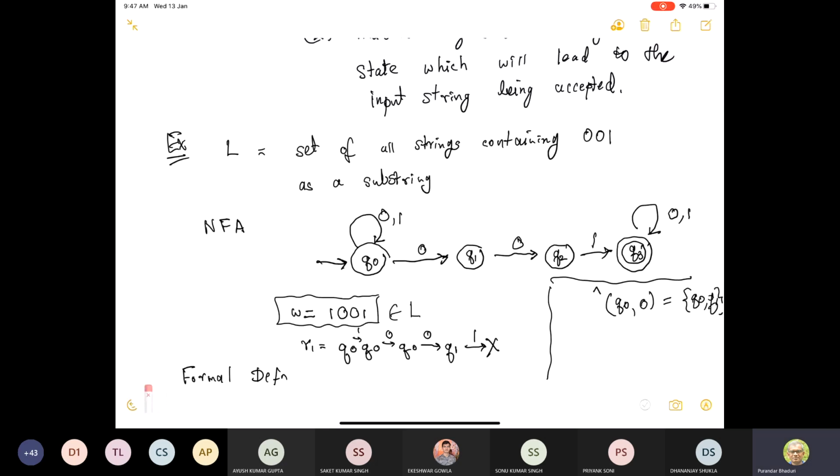Maybe I should shift it a little bit to the left.